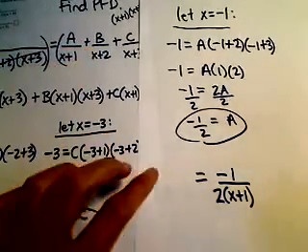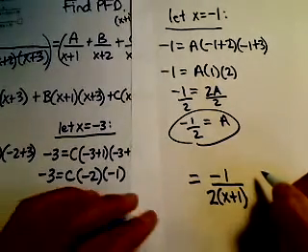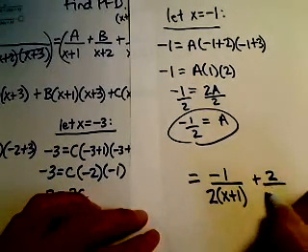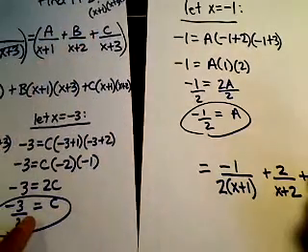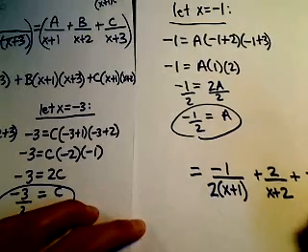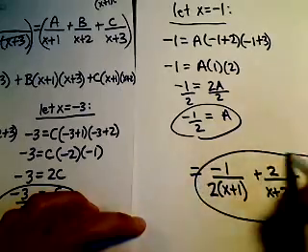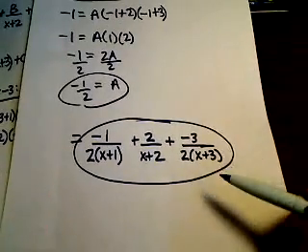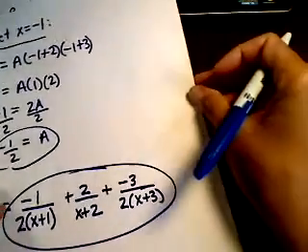And then we have B over x plus 2, and B is 2, so that's plus 2 over x plus 2. And then plus C, and C is -3/2, so we have -3 over 2 times (x plus 3). Okay, so that right there is our partial fraction decomposition for this problem.